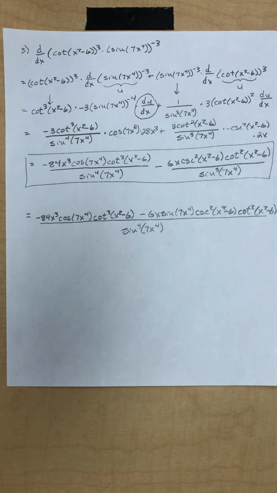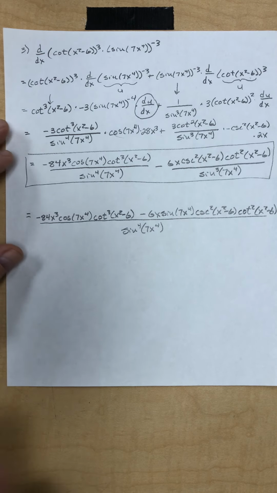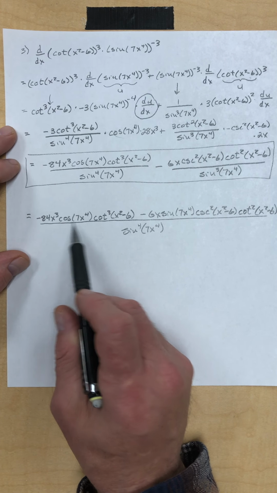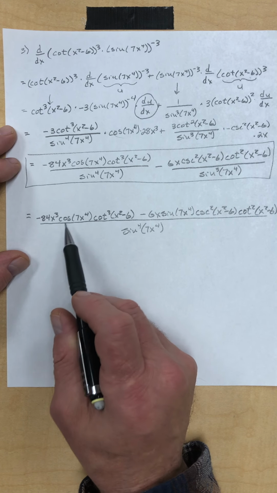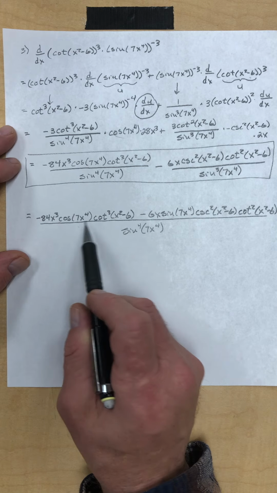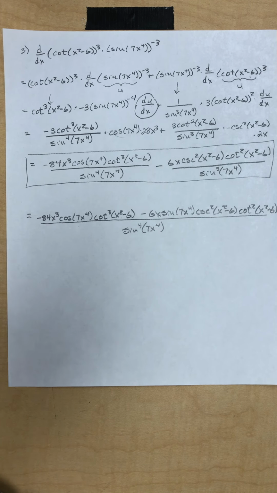Okay, and so let's see. Can I do anything else? Well, I can't do anything here because even if I could cancel off some cosine with something in cotangent, they have two different quantities that we're taking the cosine and cotangent of, so that doesn't help.